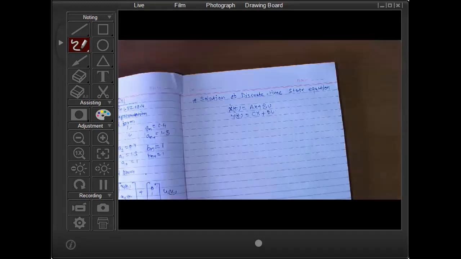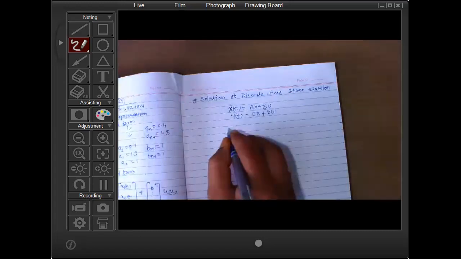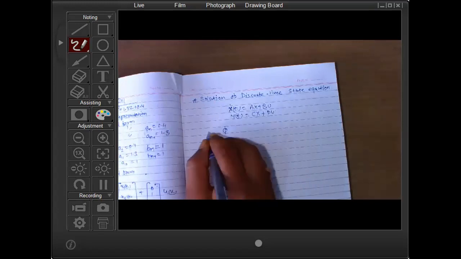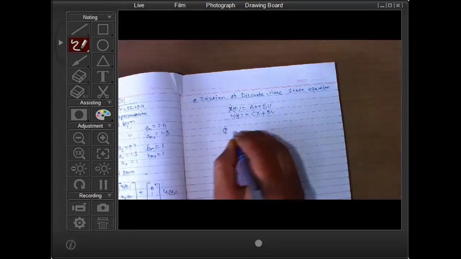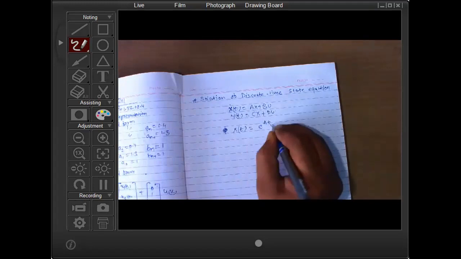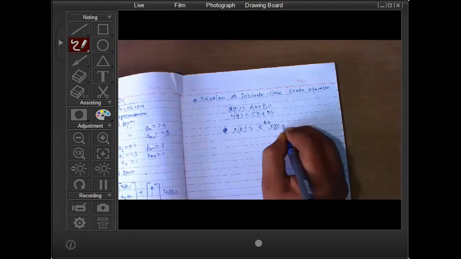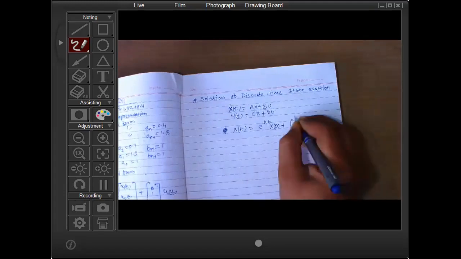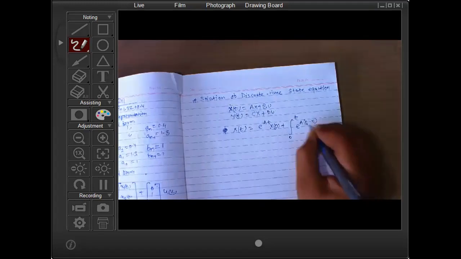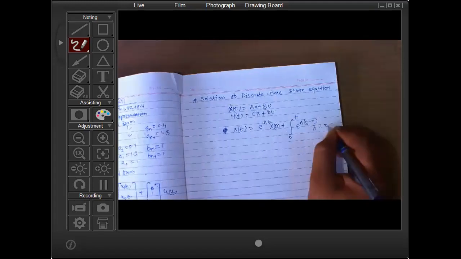Then you can say that the solution of the state space equation in continuous time is x(t) is equal to e to the power At x(0) plus integration from 0 to t of e to the power A(t minus tau) B u(tau) d tau.